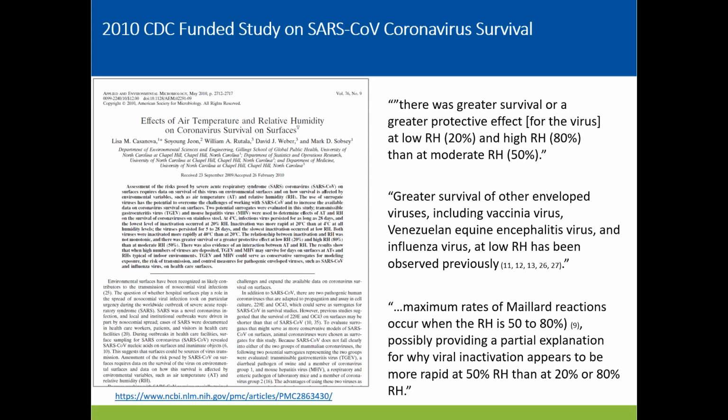When we talk about stability of viruses and how they can live longer in dry environments, a commonly cited source is a 2010 study that was looking at the first SARS coronavirus outbreak, one that thankfully didn't go on as long as the one that we're currently facing. But they discovered here that as a result of several factors, viruses tend to prefer very dry environments and very damp environments.